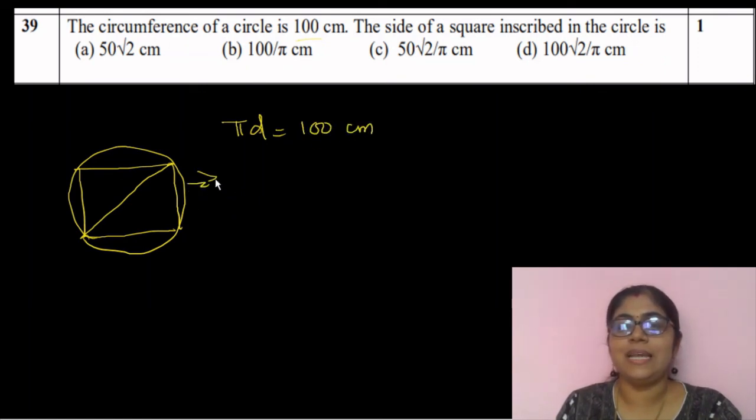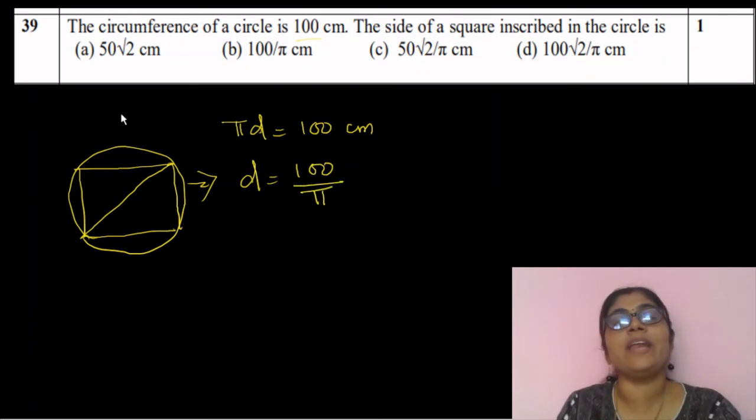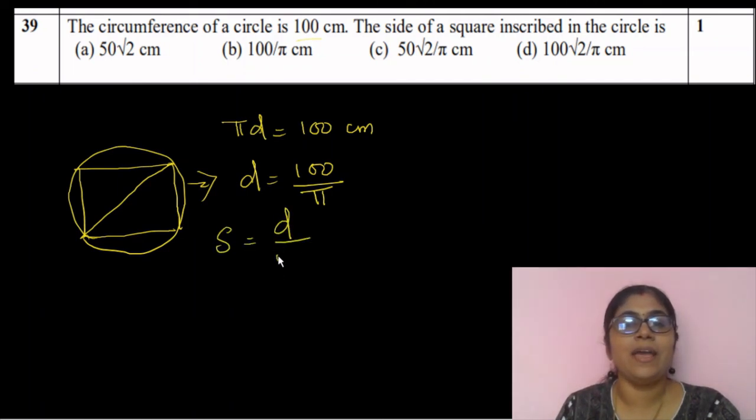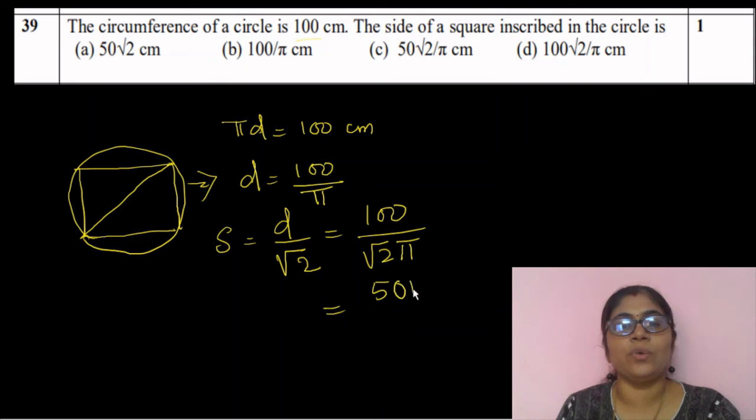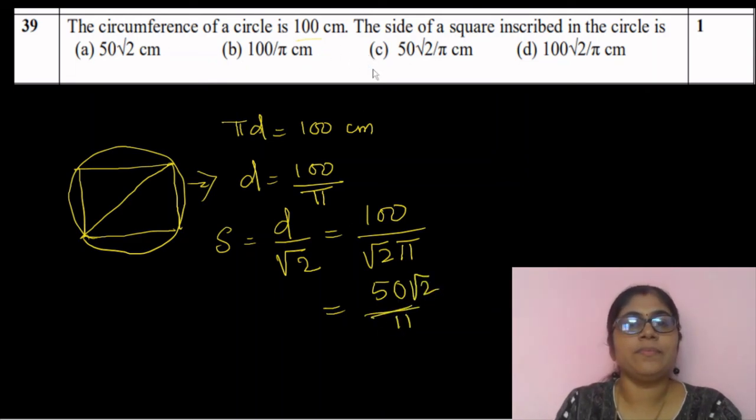That means d is equal to 100 by pi. And what is the side of the square if the diagonal is known? Side is equal to d by root 2. So this is equal to 100 by root 2 pi, or we can write 50 root 2 by pi. So option C is the right answer.